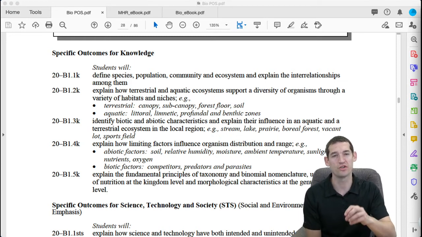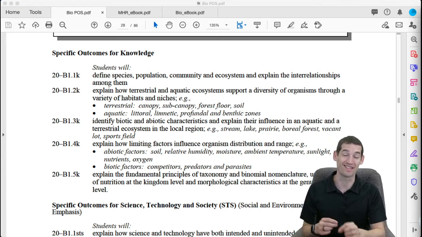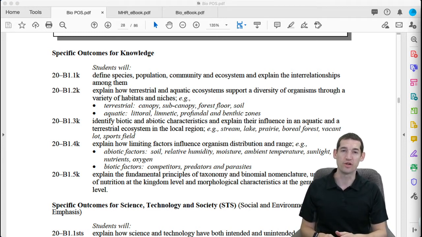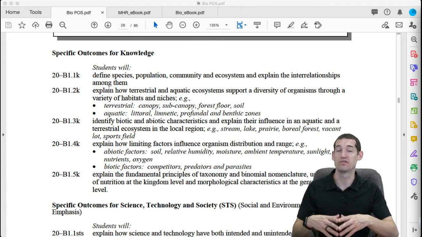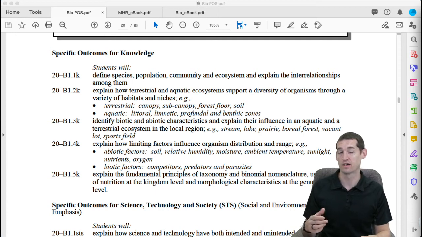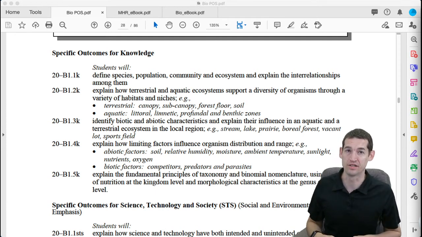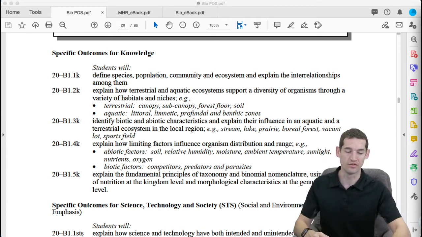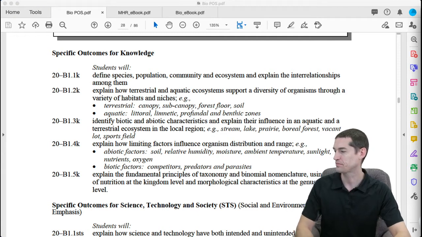Don't focus as much on the specifics of how it affected that ecosystem, but try to expand and think, how would this apply to any terrestrial ecosystem or any aquatic ecosystem? What are those abiotic and biotic factors that are going to have an influence there? If you can get to that level, then you're doing pretty well.